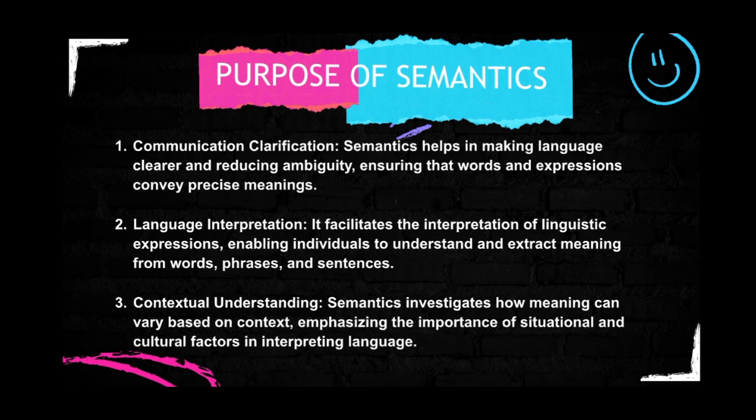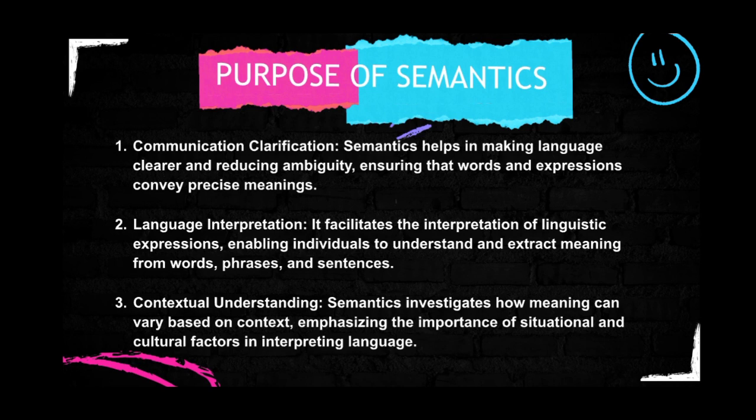And this is some of the purpose of semantics that we have. So the first one, we have communication clarification. Semantics helps in making language clearer and reducing ambiguity, ensuring that words and expressions convey precise meanings. Then the second one, we have language interpretation.